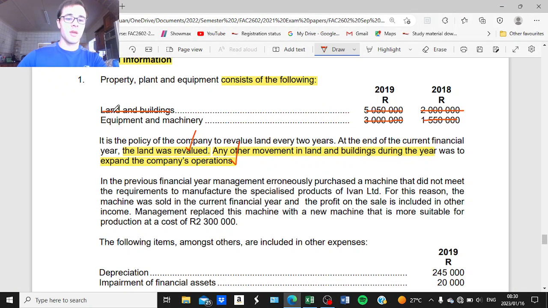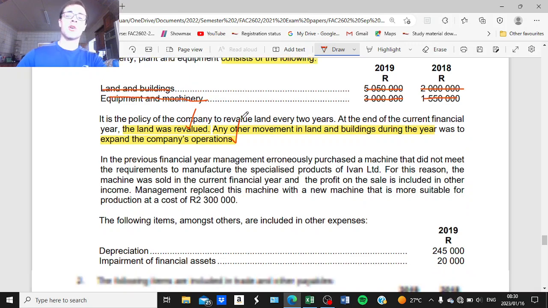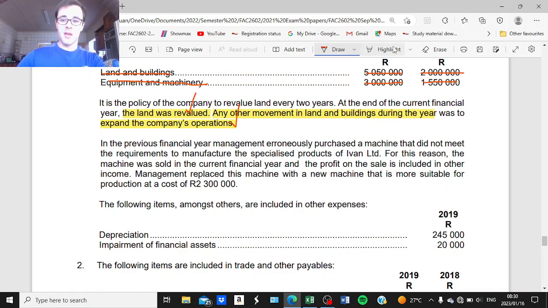All right. Now, in respect of equipment and machinery, in the previous financial year, so in the 2018 financial year, management erroneously purchased a machine that did not meet the requirements to manufacture the specialized products of Ivan Limited. For this reason, the machine was sold in the current financial year, and the profit on sale is included in other income.